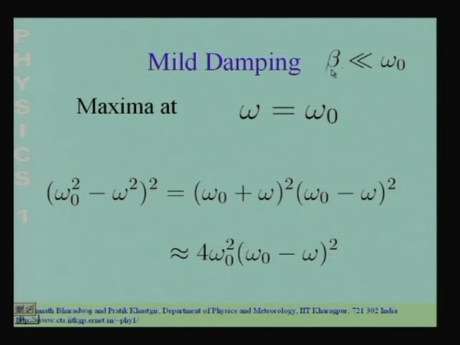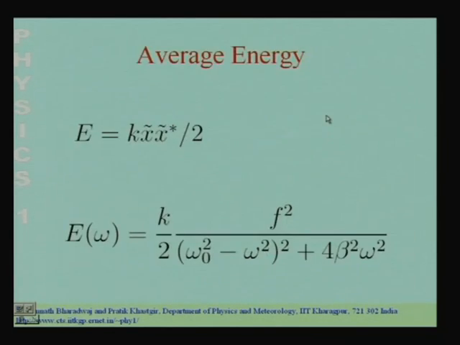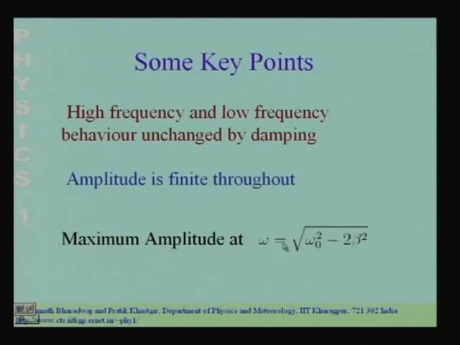If beta is much smaller than the natural frequency omega naught, then the peak in the energy occurs at approximately the natural frequency. So, omega equal to omega naught is approximately where the peak in the energy versus omega curve occurs. You can see that from here. Omega and omega naught are both approximately the same if beta is much smaller than omega naught.